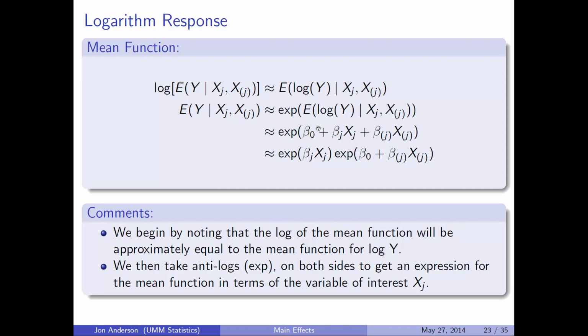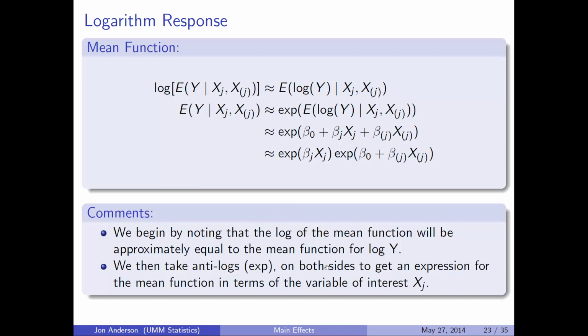Because e to a linear combination in the exponent comes from adding the exponents for products, we have e to the beta j xj times this remaining term. And this suggests that an effect of xj multiplies the rest of the mean function as a multiple.